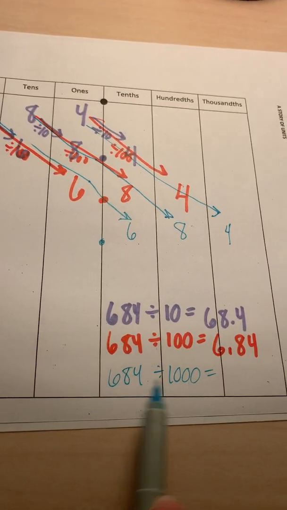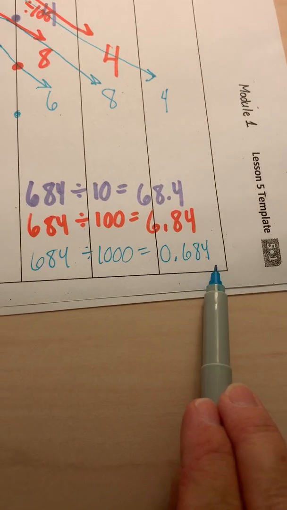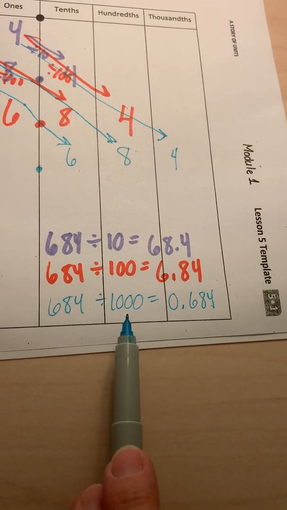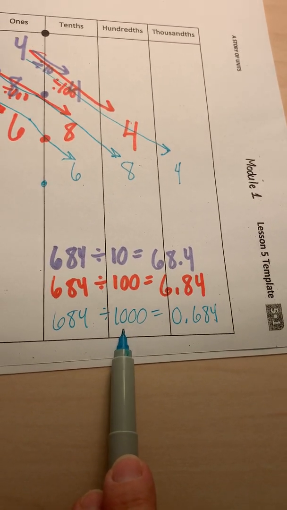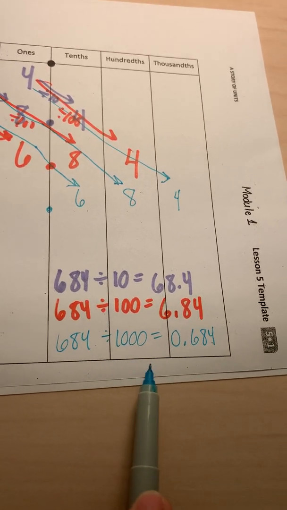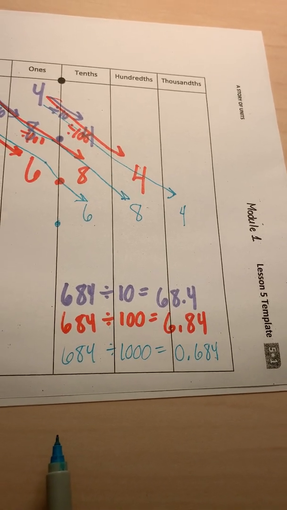And so 684 divided by 1,000 is going to give us 0.684, or 684 thousandths. Our digits shifted 3 place values because we have 1,000, which is 10 times 10 times 10.